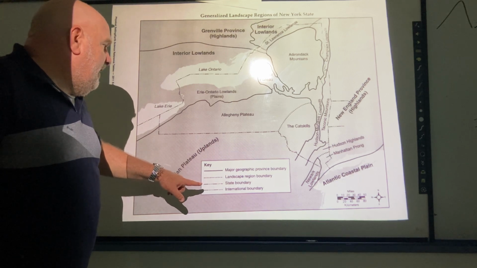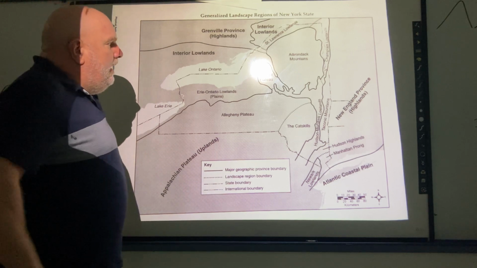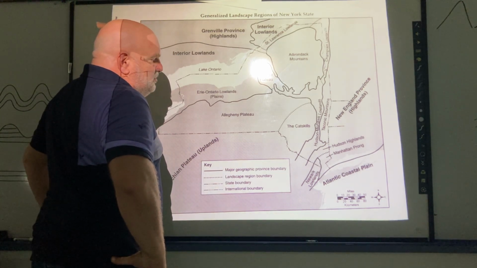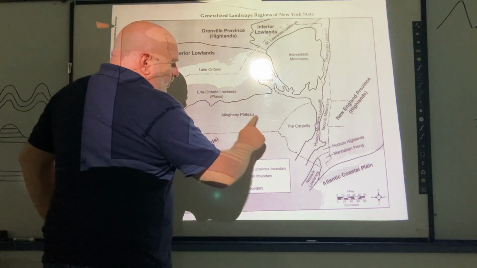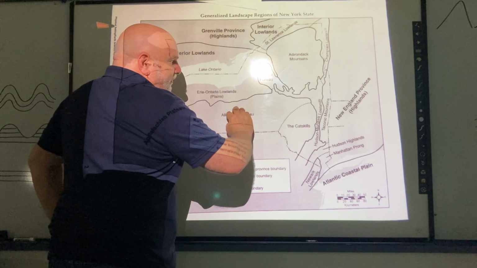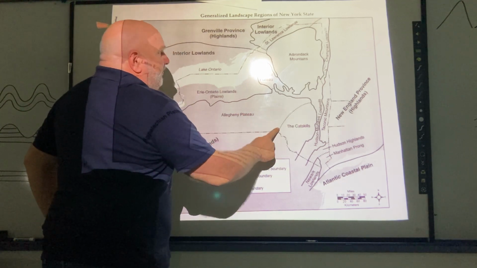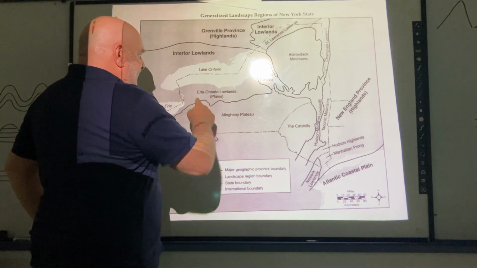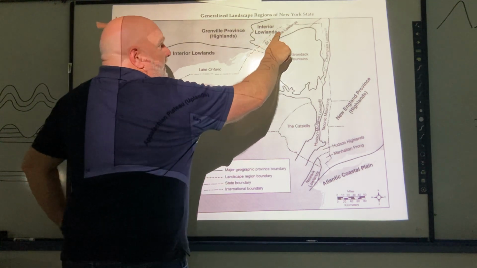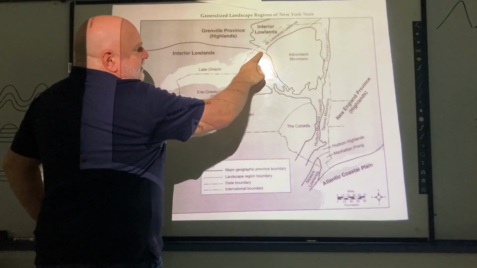All right. Another thing you'll notice is the dotted line, which says landscape region boundary. What that means is basically the name's changing, but it's geologically the same. So here's the Allegheny Plateau, there's the Catskills. Geologically, these two are the same, but the name changes from one place to another, so it has that symbol. Same thing here: you've got the Erie-Ontario Lowlands and the St. Lawrence Lowlands, divided by the little dotted line.